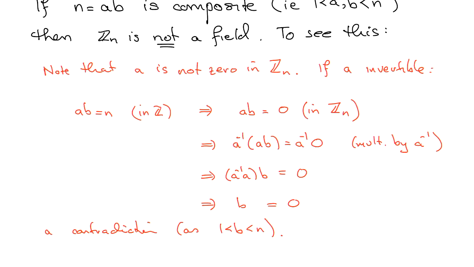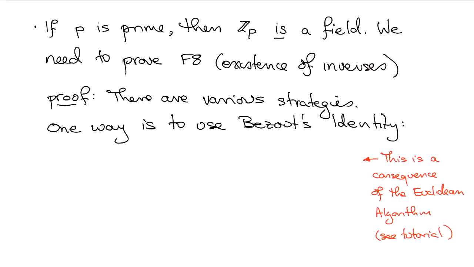I'm not writing out exactly which axioms I'm using because I'm not really doing it in an axiomatic way. I'm using it knowing what Zn is. It's a calculation in Zn which I know and love. I'll come back to what I was just saying in a minute.